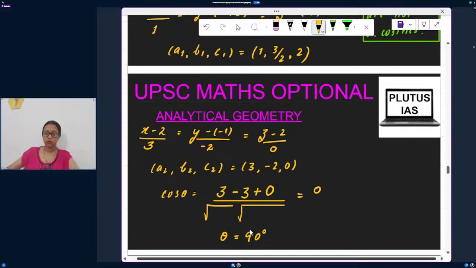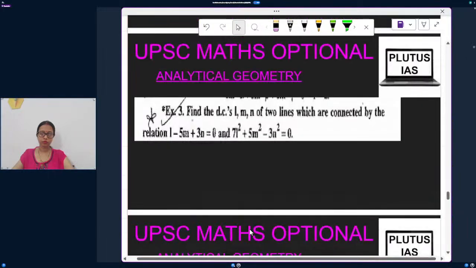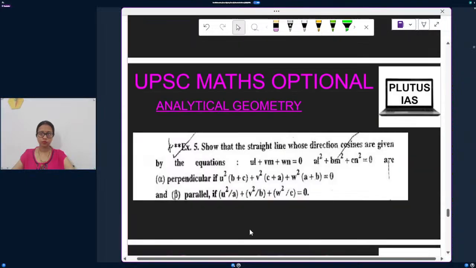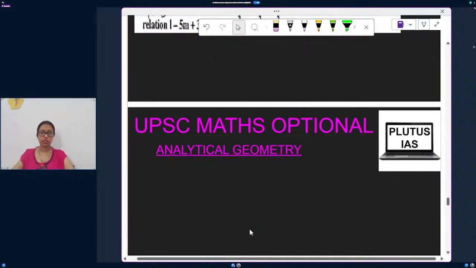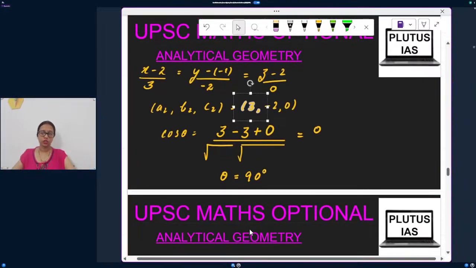Okay. Next we have, with these two questions we'll finish, and these two questions actually are the core of direction ratios and direction cosines.